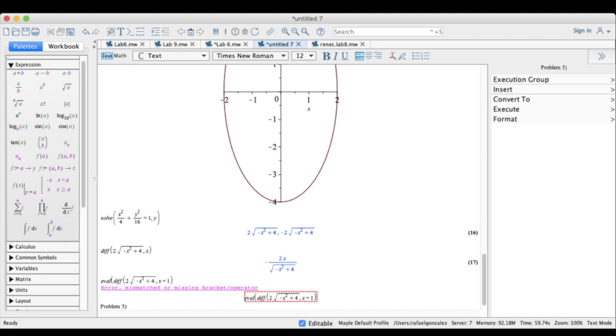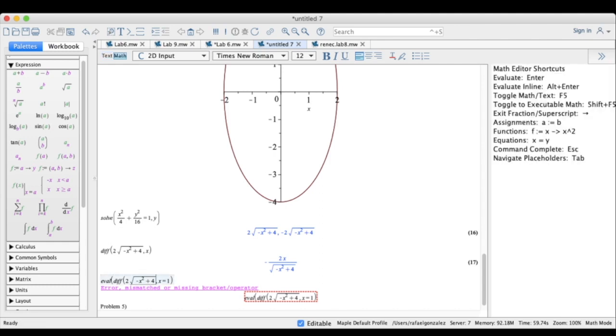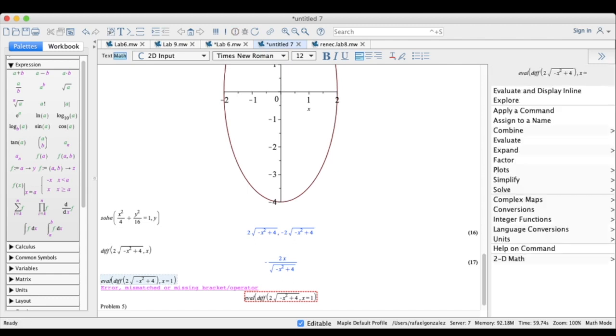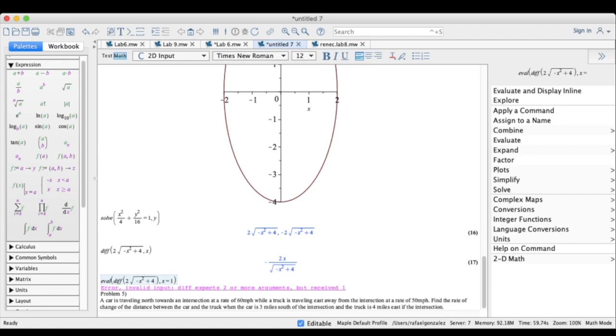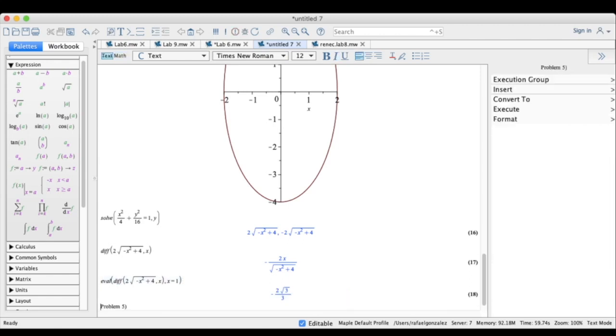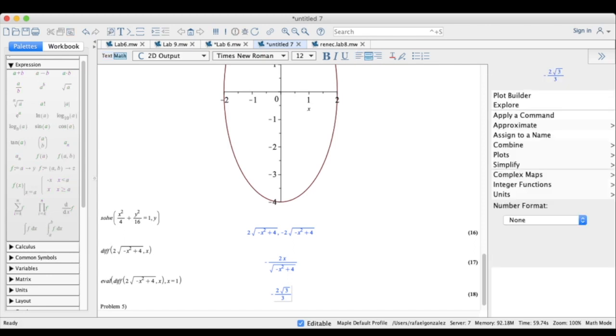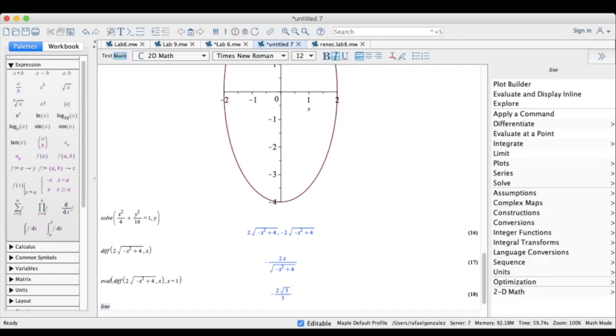I'm missing a parenthesis here. I'm missing another thing, I'm missing the x here. There we go. So we have that the slope of the first line is going to be negative 2 times square root of 3 divided by 3. So we have that line 1, let's call it line 1, is going to be equal to y equals mx plus b.